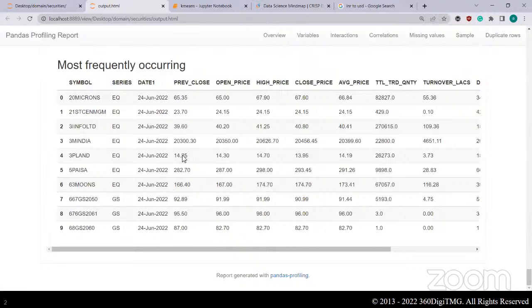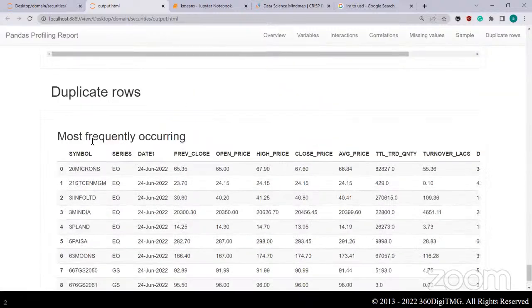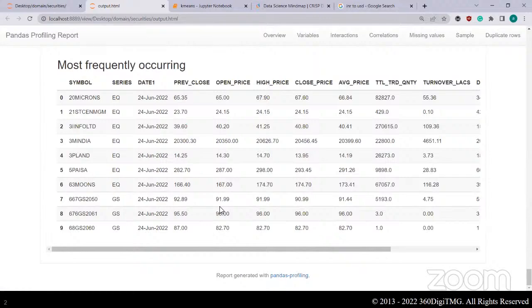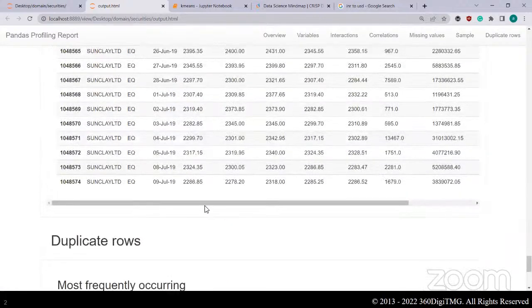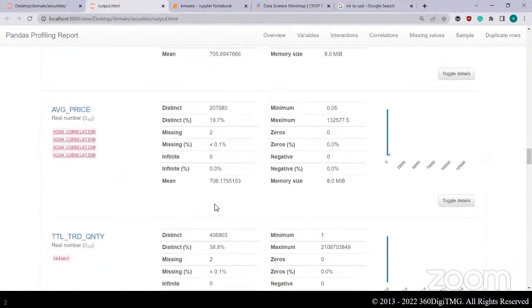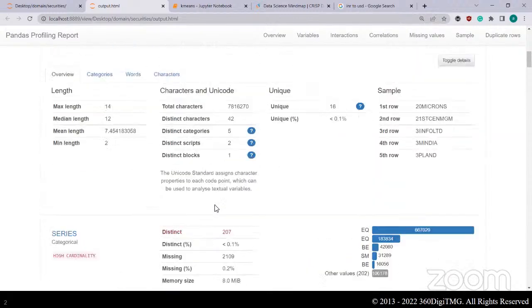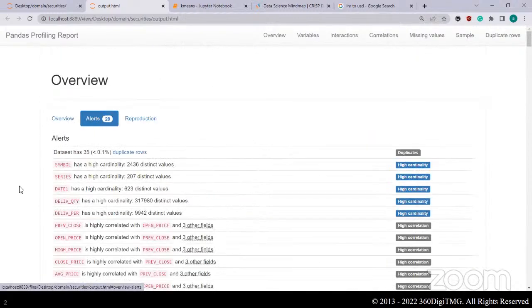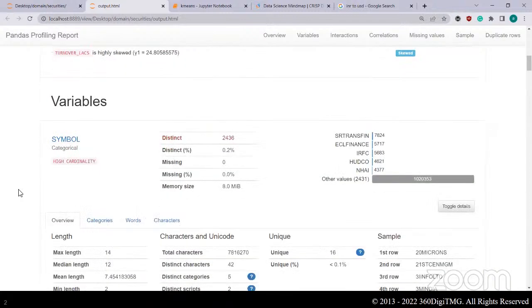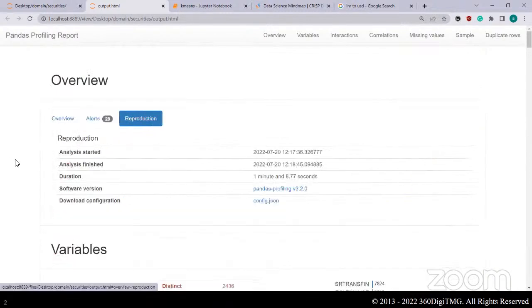And then you can also take a look at the most frequent duplicate rows, which rows are occurring in a duplicate manner most frequently. So this is what we do in auto EDA. You can take a look at the alerts, it is going to give you some alerts, and also take a look at the reproduction, how long it took to get all these values.